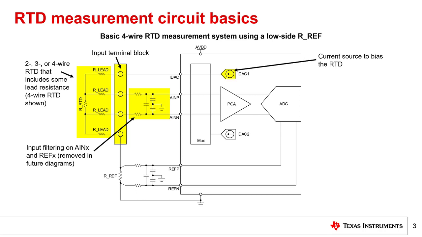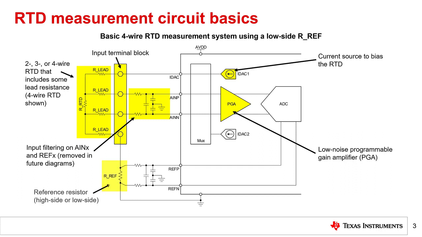A constant current source biases the RTD so the ADC can measure the RTD voltage. The constant current source is often integrated into the ADC. The low-level RTD output voltage is applied to the inputs of a low-noise PGA, gaining up the input voltage and enabling precision measurements. In addition to biasing the RTD, the constant current source also biases the reference resistor, RREF.